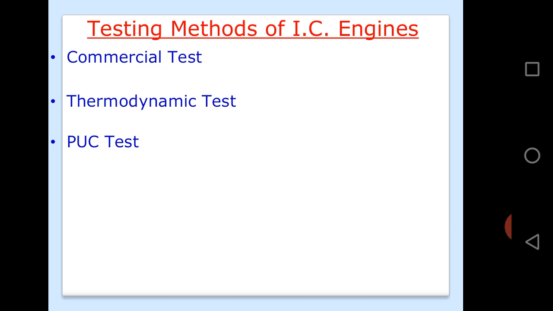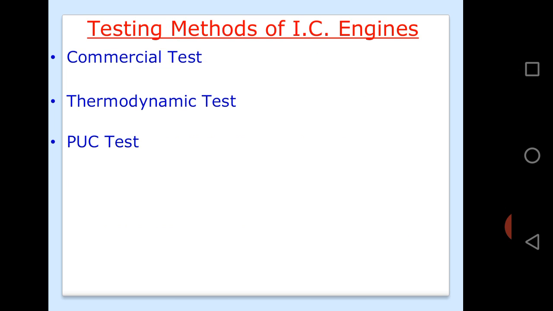So we can call it an experimental method, a thermodynamic test, by which we can find out the indicated power, brake power, frictional power, indicated mean effective pressure, the fuel consumption, and the air consumption. Whatever we have discussed under the thermodynamic test, we are going to discuss in detail in the coming lectures again.